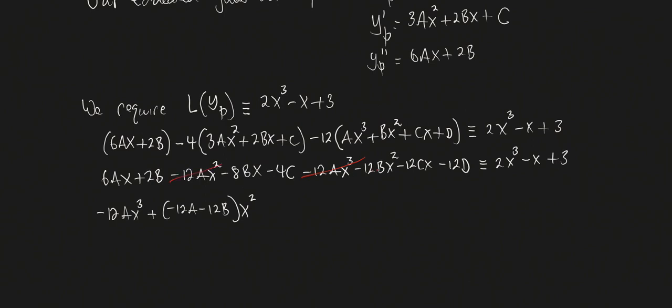Now let's look at the terms that have an x. There are three terms that have an x: a 6a, a minus 8b, and a minus 12c. So I'll do plus 6a minus 8b minus 12c, that quantity times x.